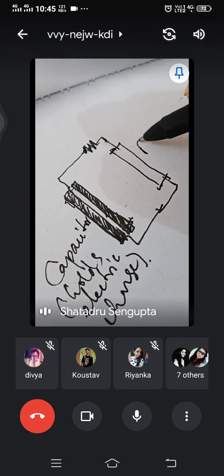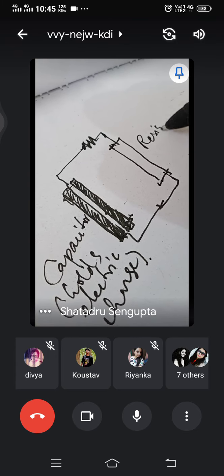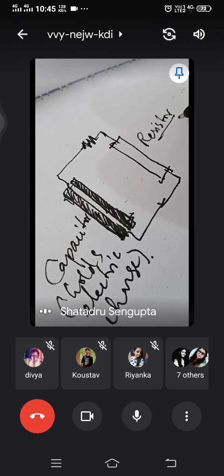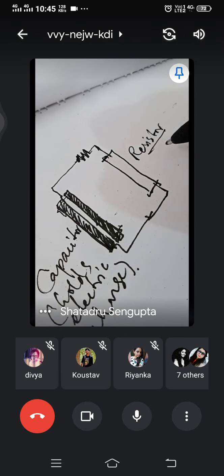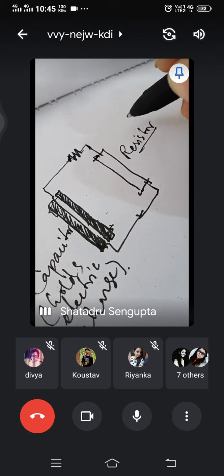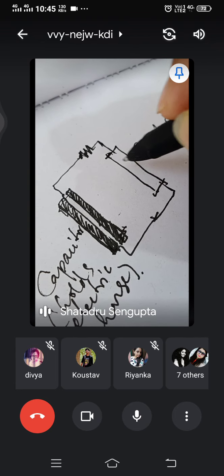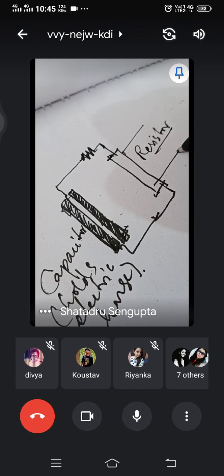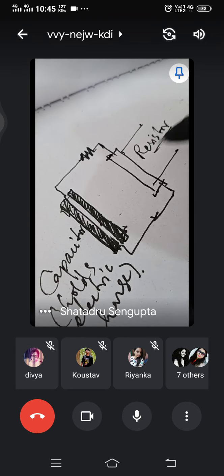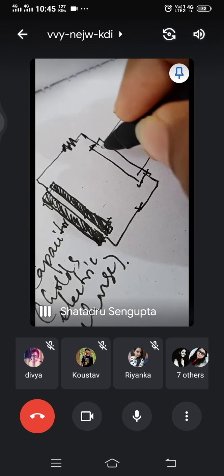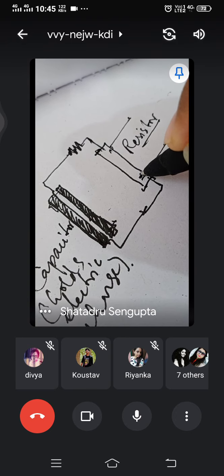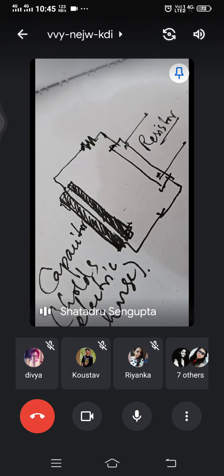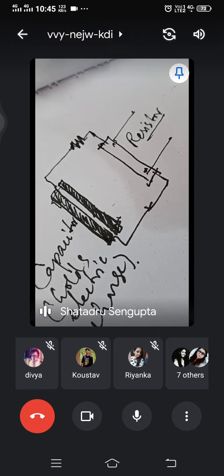The resistor provides the resistance, and this charge is dissipated through this resistor. The capacitor charge is dissipated through this resistor, and there is a complex math that's involved in that.